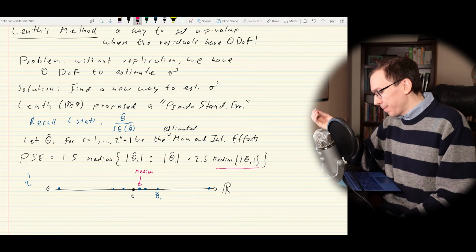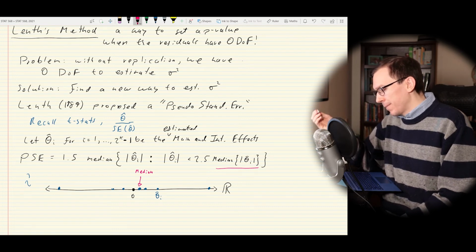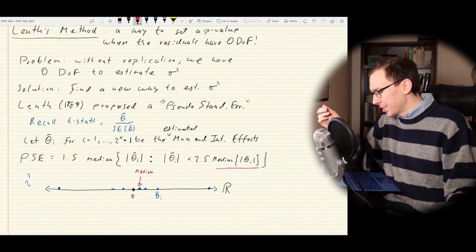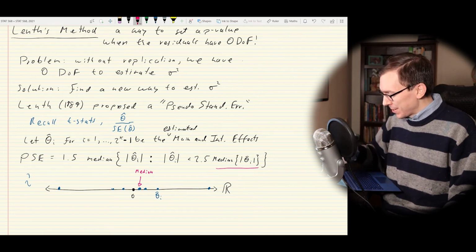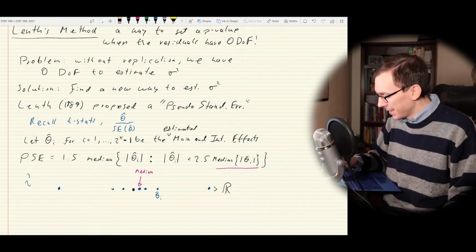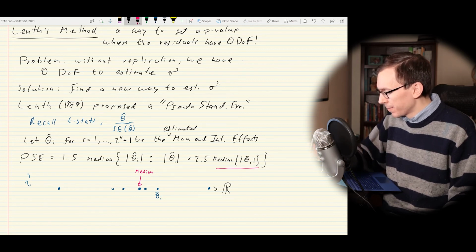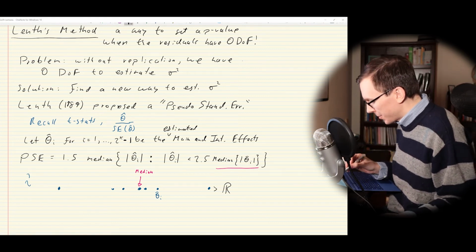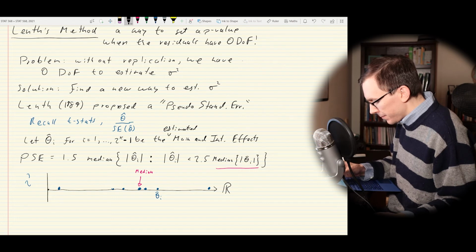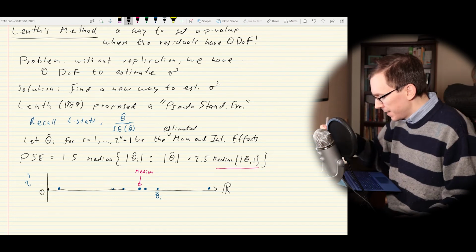Then what I do is in absolute value. In this case, everything's happening on the positive real line because I should actually be doing this in absolute value. So we're going to move the origin because strictly speaking, everything should be done in absolute value for this to make sense.